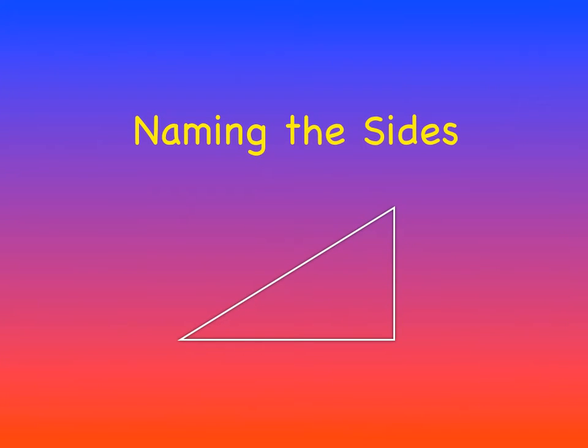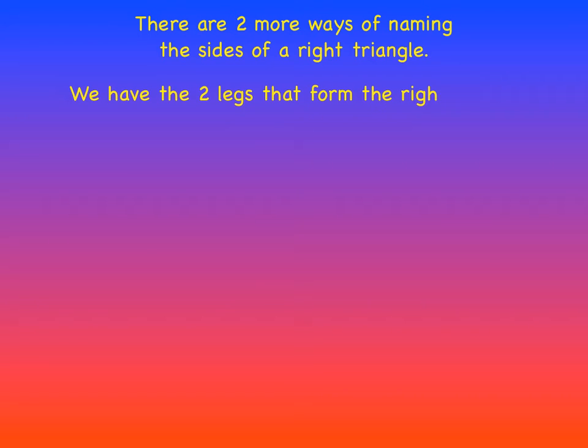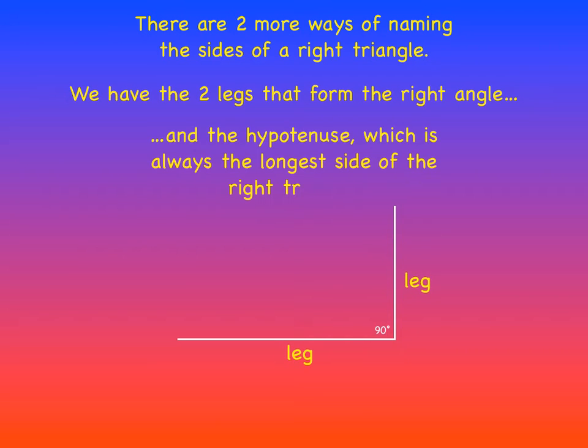Now, a little bit more about naming the sides of the right triangle. There are two more ways of naming the sides of a right triangle. We have the two legs, of course, that form the right angle, and the hypotenuse, which is always the longest side of the right triangle.